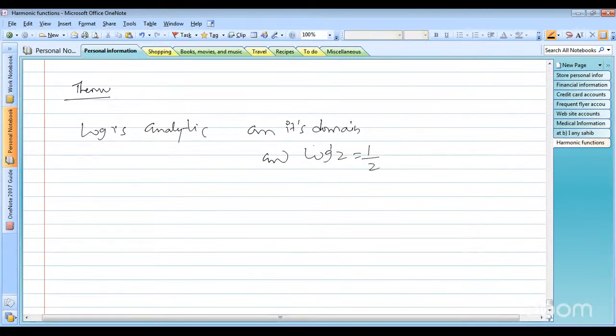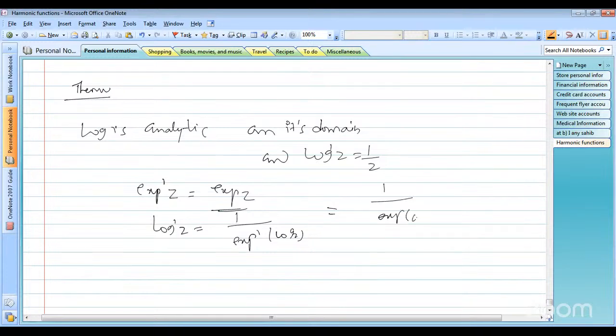Since Log is continuous everywhere in its domain, and the derivative of exponential z is exponential z, which is never zero, we have Log dash z equal to 1 by exponential dash of Log z, which is 1 by exponential of Log z, which is equal to 1 by z.